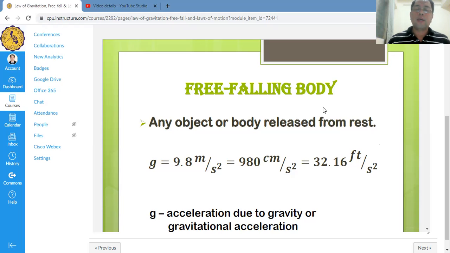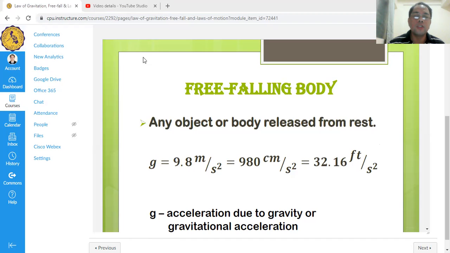Now again, falling bodies are a result of the acceleration or the force that is due to gravity. This acceleration due to gravity is a constant value. In terms of meters and seconds, that value is equal to 9.8 meters per second squared. And it is always directed downward. So there are expressions that say that this gravitational force is considered negative.